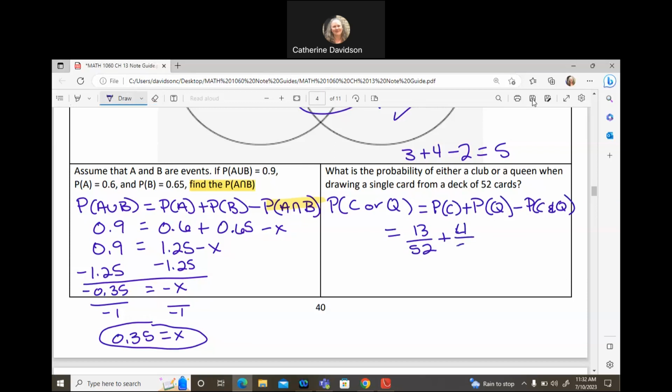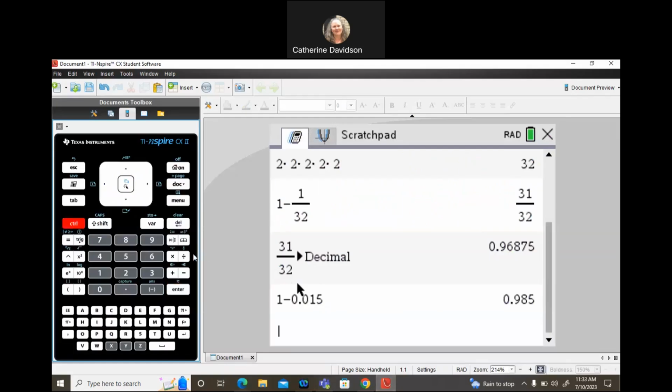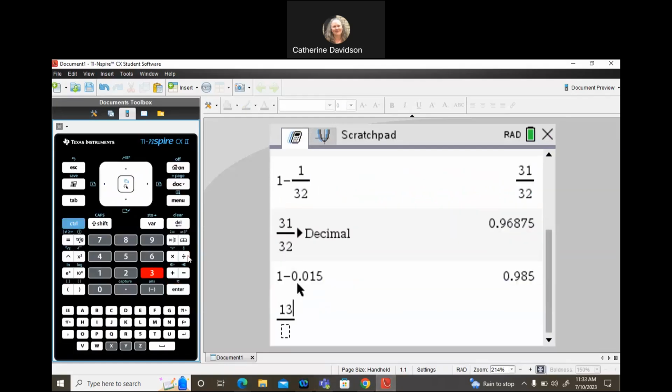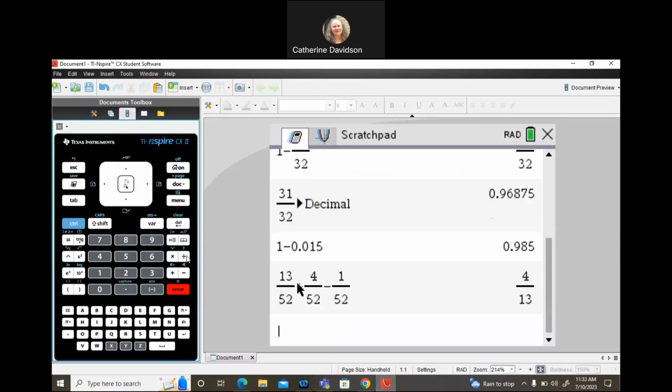Now, are there any that are clubs and queens? We have one queen that is a club. So that's 4 over 13.